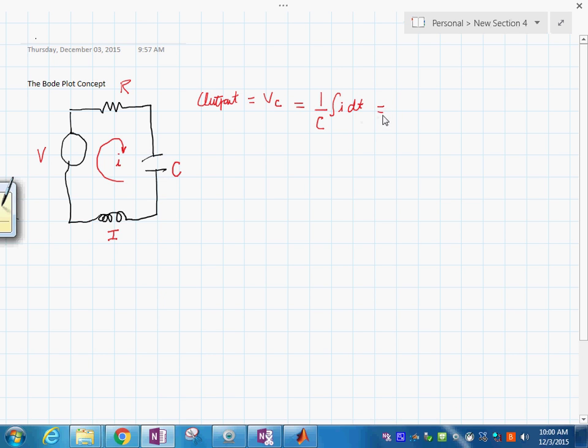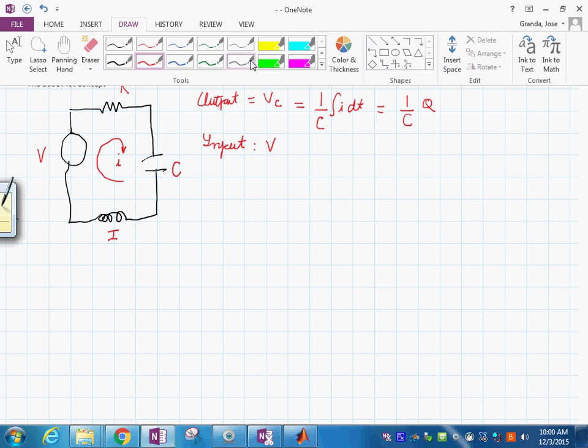Or, in terms of the charge, this would be 1 over C times Q. What is your input over here? Your input is the voltage V. So what is the concept of the transfer function in this case?